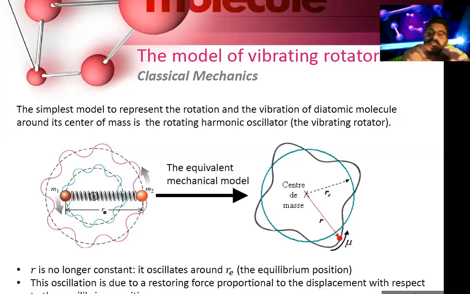So we could find ourselves in a certain state of vibration and then doing the rotation movements. However, there are selection rules for these transitions, and this is what we will see. We should respect the selection rules of vibration, which means delta V should be plus or minus 1.